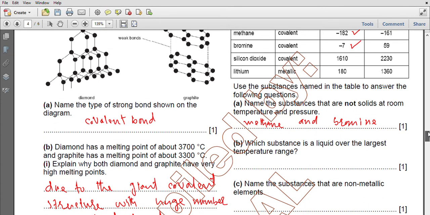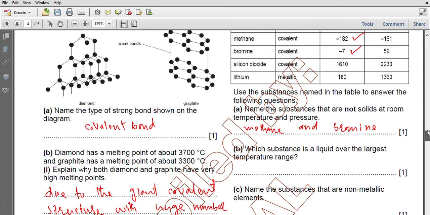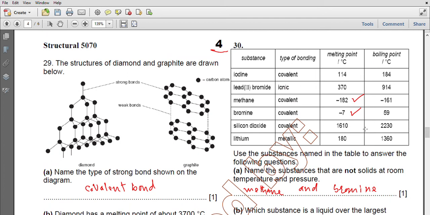Second, B part is, which substance is a liquid over the largest range. For this part you have to look at the melting point and then the boiling point. If there is a huge gap, that substance will remain liquid over the largest range.